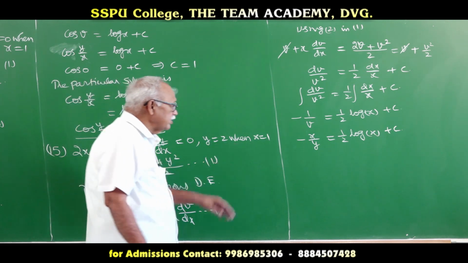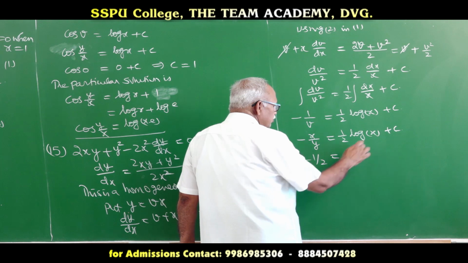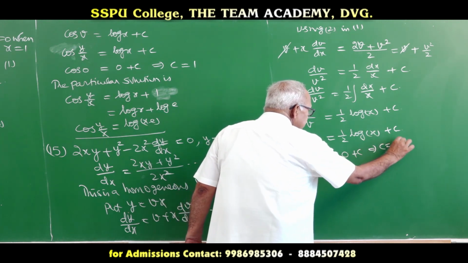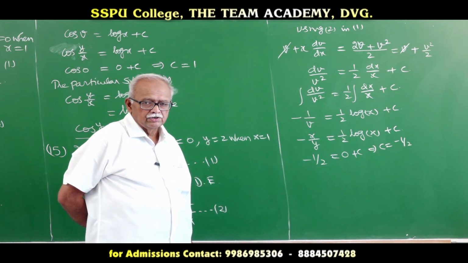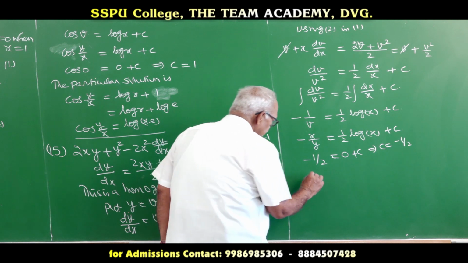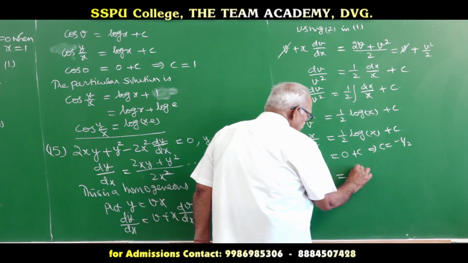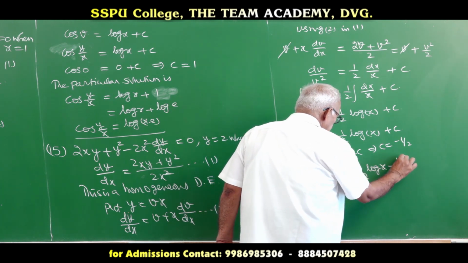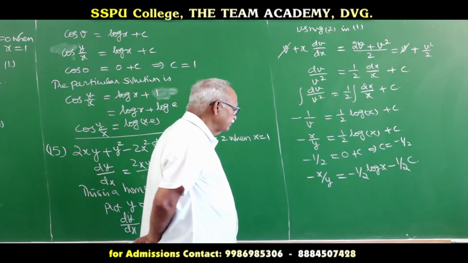Now, we can use the values given here. Y is equal to 2, x is equal to 1, minus 1 by 2 is equal to, x is equal to 1 means the log term is 0. So, we get c is equal to minus 1 by 2. So, minus x by y is equal to minus 1 by 2 log x minus 1 by 2 c.